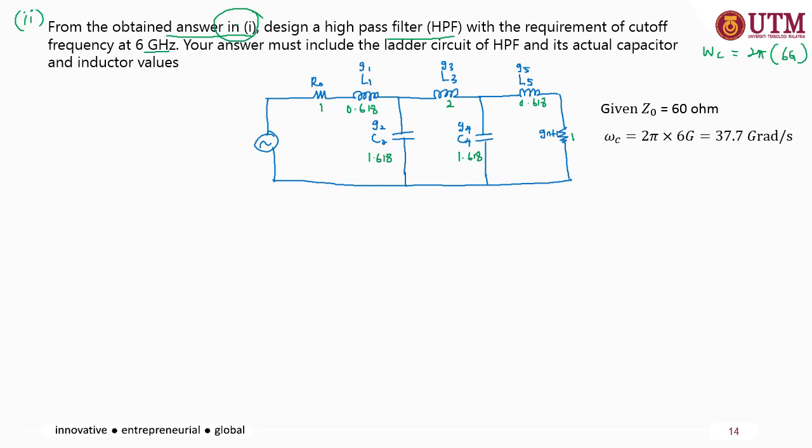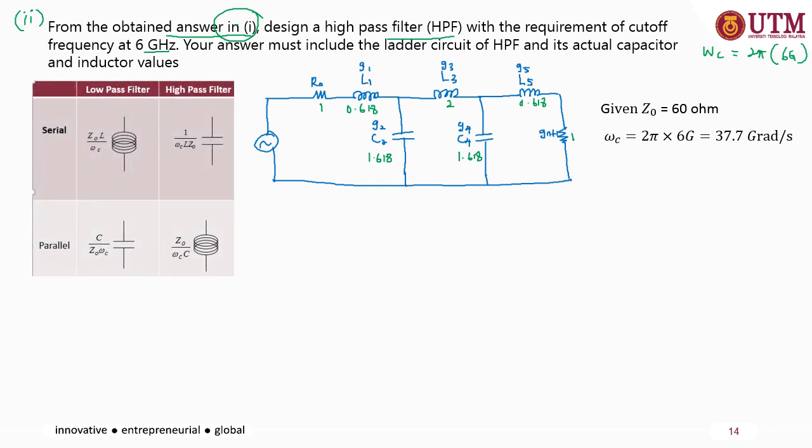So you need to perform the filter transformation. Refer to the filter transformation table and look at the component you have. For example, the first component you have in series is the inductor.